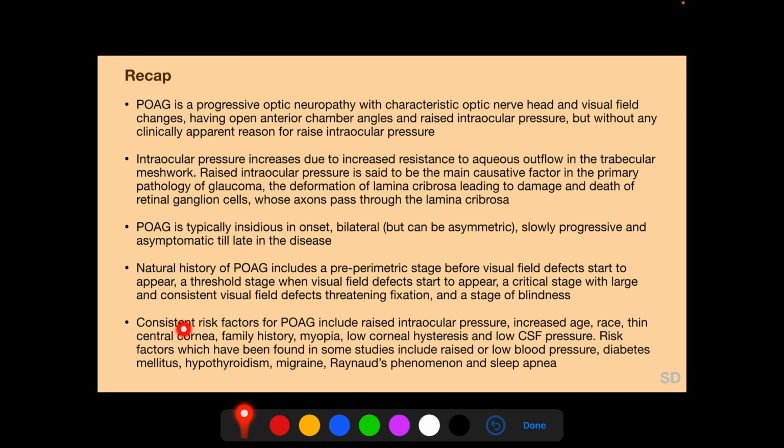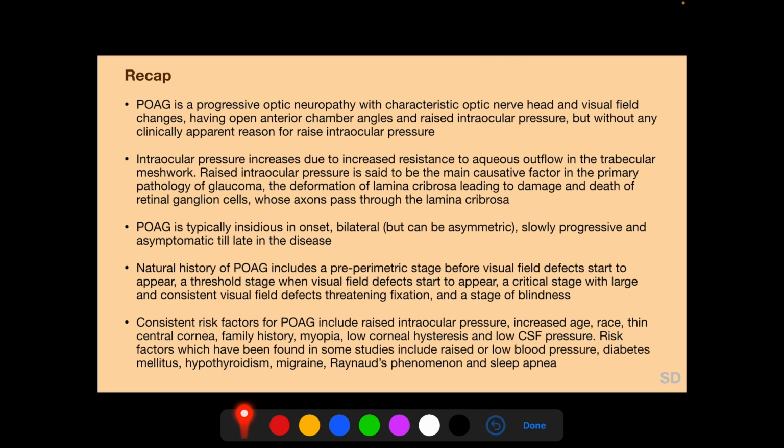Consistent risk factors for primary open-angle glaucoma, which have been reported in almost all studies, include raised intraocular pressure, increased age, race, thin central cornea, family history, myopia, low corneal hysteresis, and low CSF pressure.